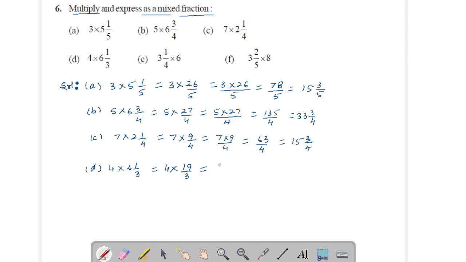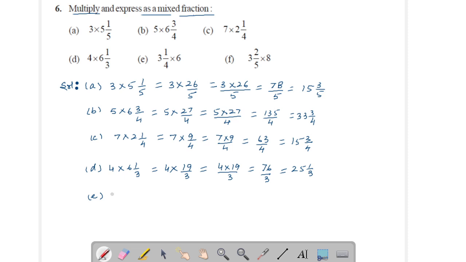This can be written as 4 into 19 upon 3. 19 4s are 76 upon 3. Convert it into mixed fraction. It can be written as 25, 1 upon 3. This is your answer. Now come to E part.